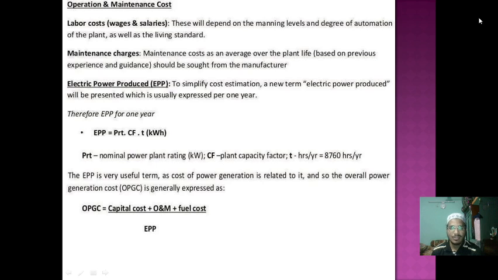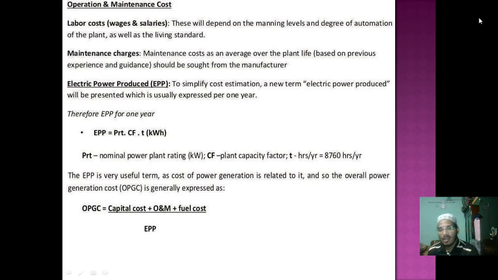And the last one is OPGC. OPGC is the overall power generation cost. Overall, how much cost is taken to generate the power is equal to capital cost plus O and M. O and M, as we have just discussed, is the operation and maintenance cost.